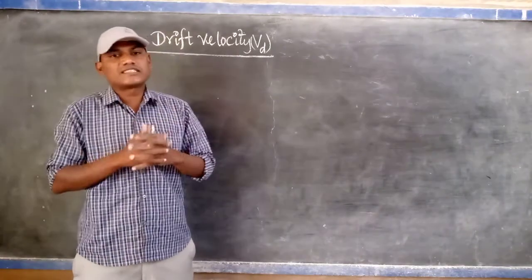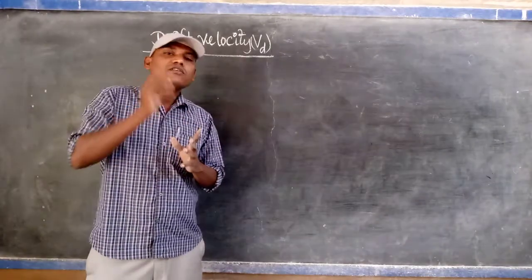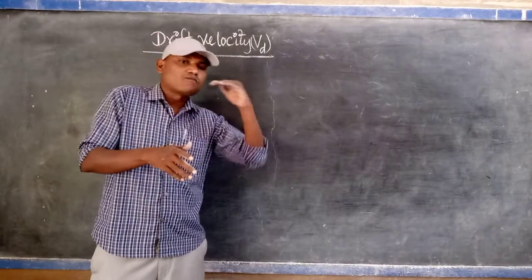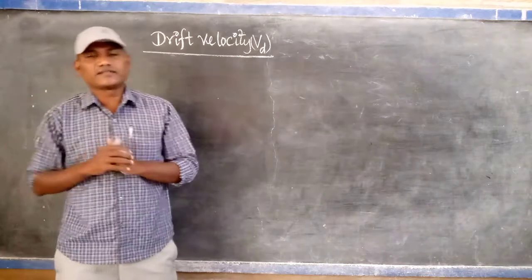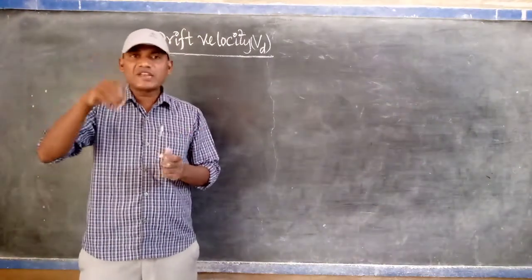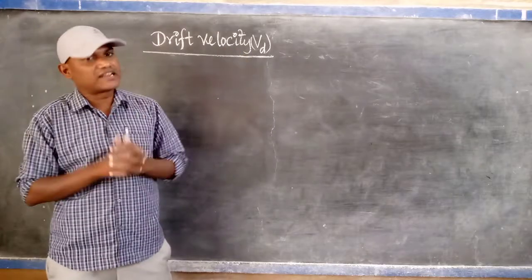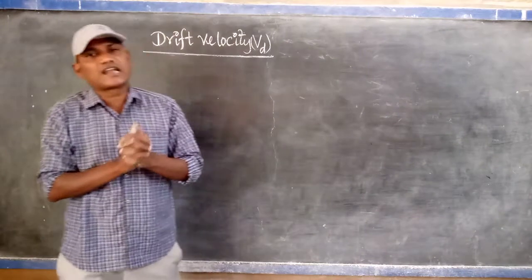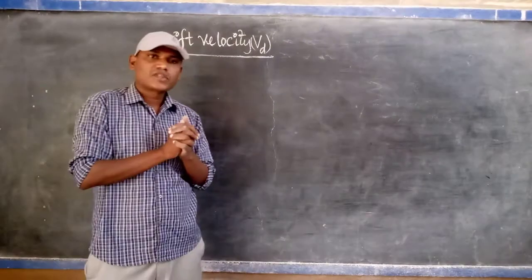Finally, the velocity becomes zero, so no electron can be moved from one end to the other. That's why current does not pass through a conductor when it is not connected to any battery, because the initial velocity of the electrons inside the conductor is zero.